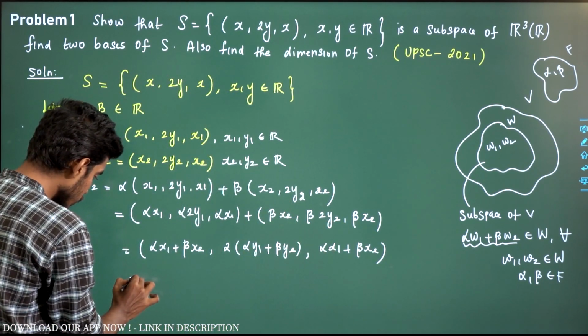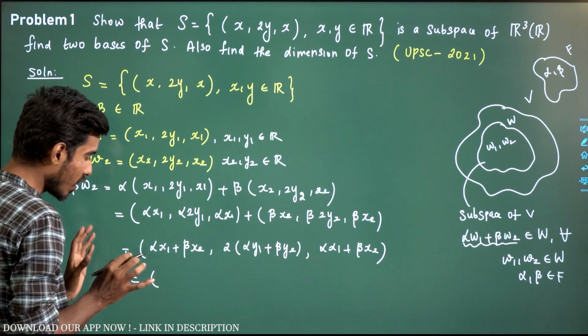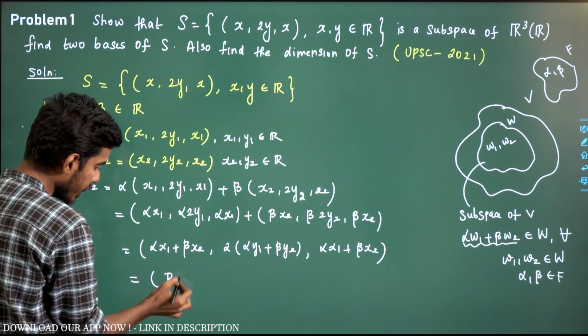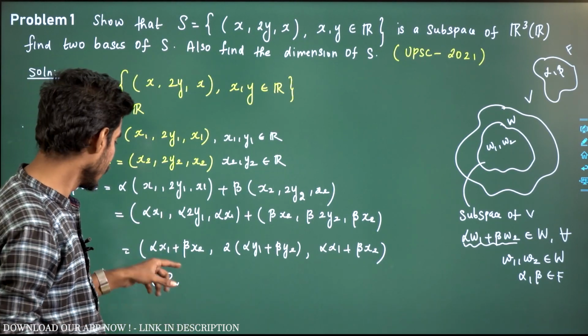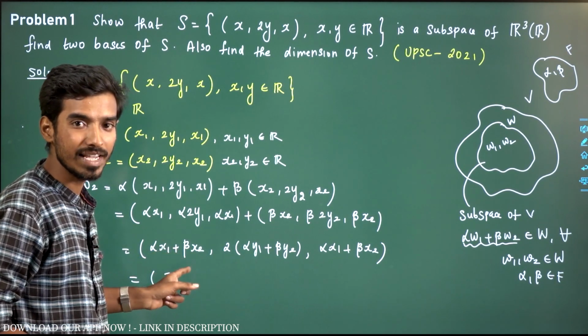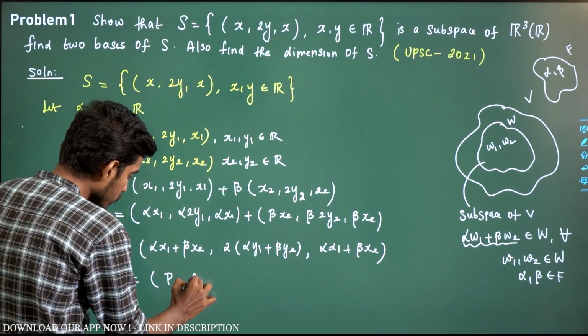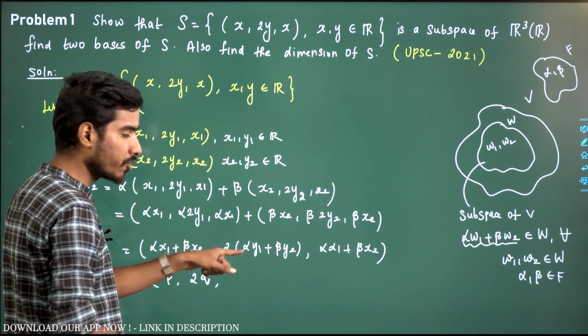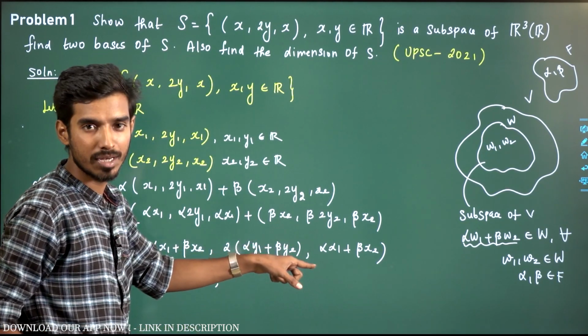Let us assume this to be P, so P is alpha times x1 plus beta times x2. This P is a real number. Let us say this is Q, so Q equals alpha y1 plus beta y2.